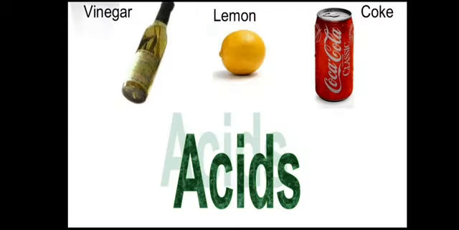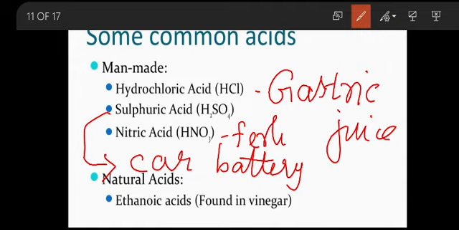Okay, where is hydrochloric acid used? I told you already, it is in your stomach as gastric juices. Sulfuric acid is used in car batteries and nitric acid in fertilizers.